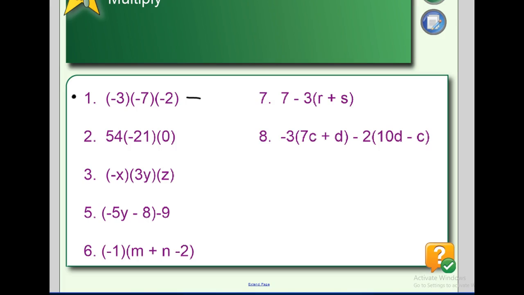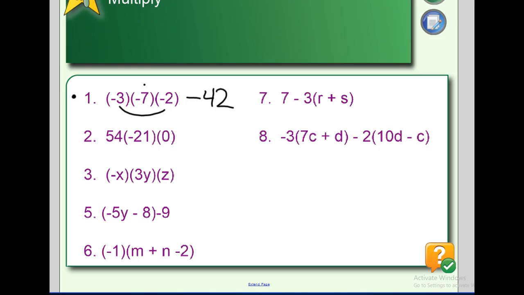Do I have to multiply numbers in the order that they're given? No, good job. Remember, multiplication is commutative. So I would probably say 6 times 7. What's 6 times 7? Everybody knows that is 42. So always check your signs first. If it's negative, put that down, and then just multiply your numbers.